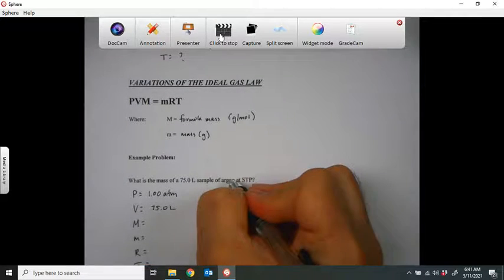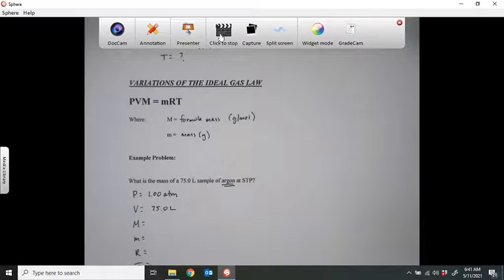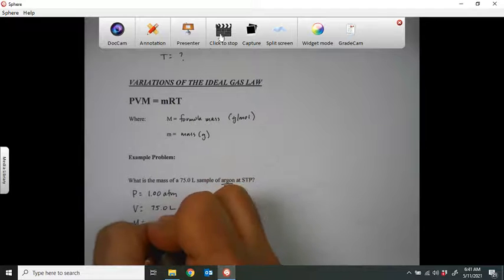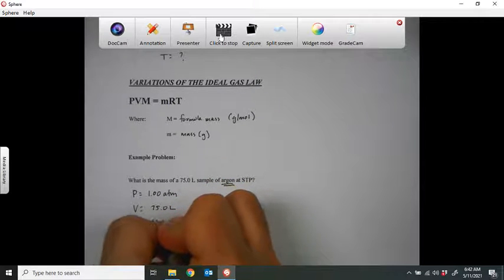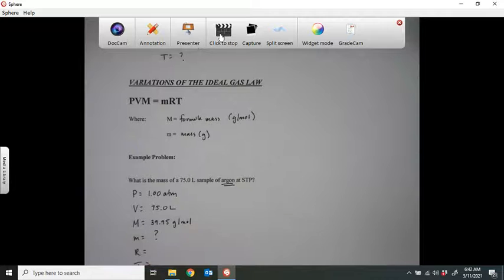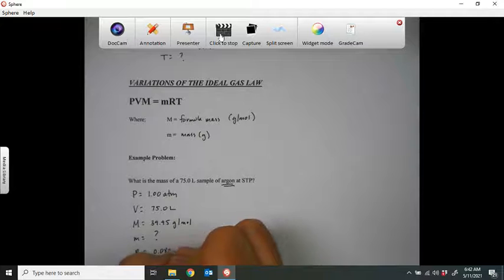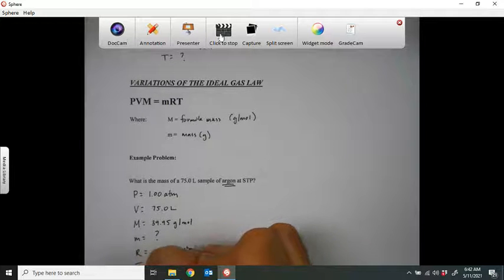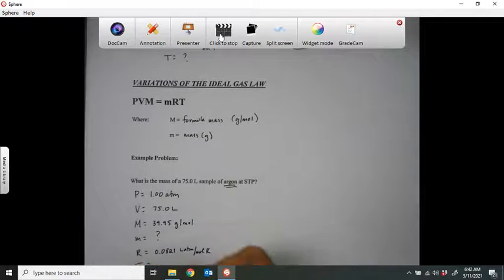We know that argon is our substance, so we can look up the molar mass, and we see that it's 39.95 grams per mole. Well, we don't know how many grams of this we have, so that's our question mark. Our R value is always the same. And our temperature, STP, is 273 Kelvin.